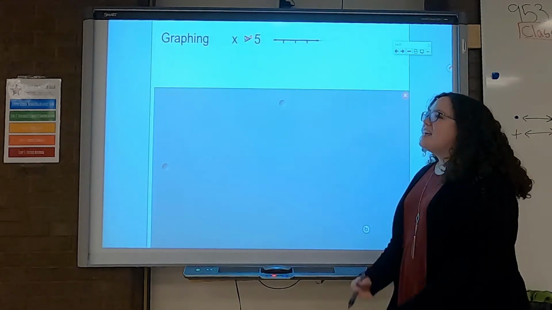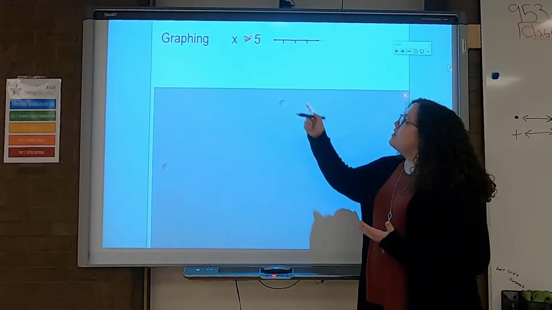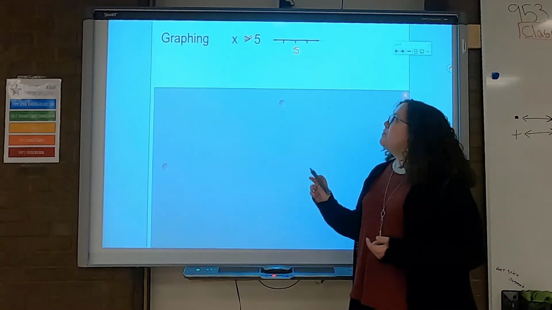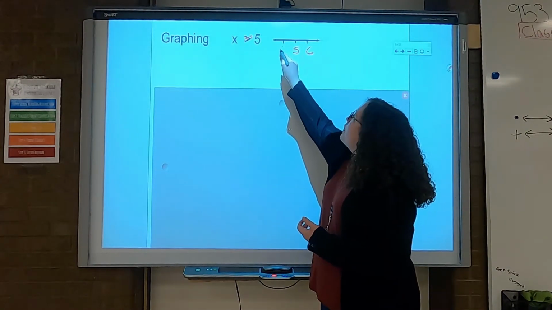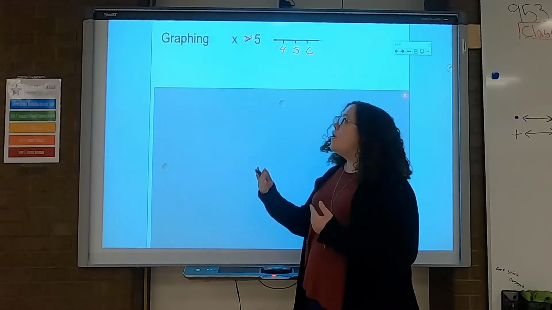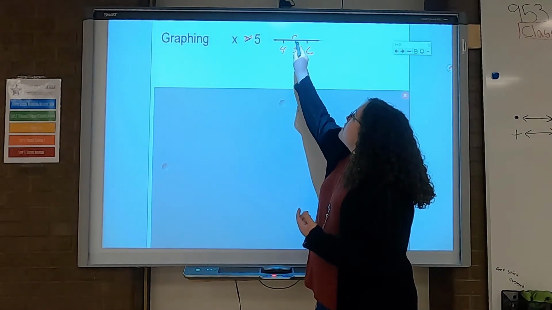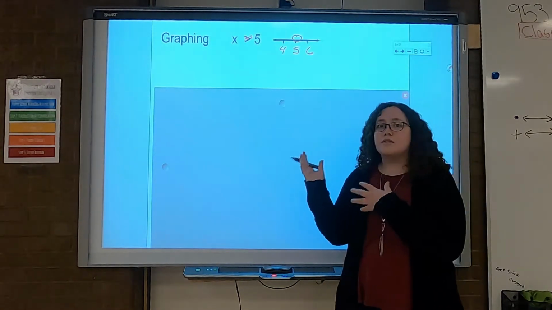So the big gator is looking at this X, which means X is going to be the bigger of the two. So we're starting with the 5. Let's put the 5 here in the middle. Well, what is something on either side of this 5? We've got a 6 and a 4. Let's go with some obvious answers: 1 bigger and 1 smaller. So I'm going to circle the number that I started with, that 5. Now I have to ask, do we fill in this circle?